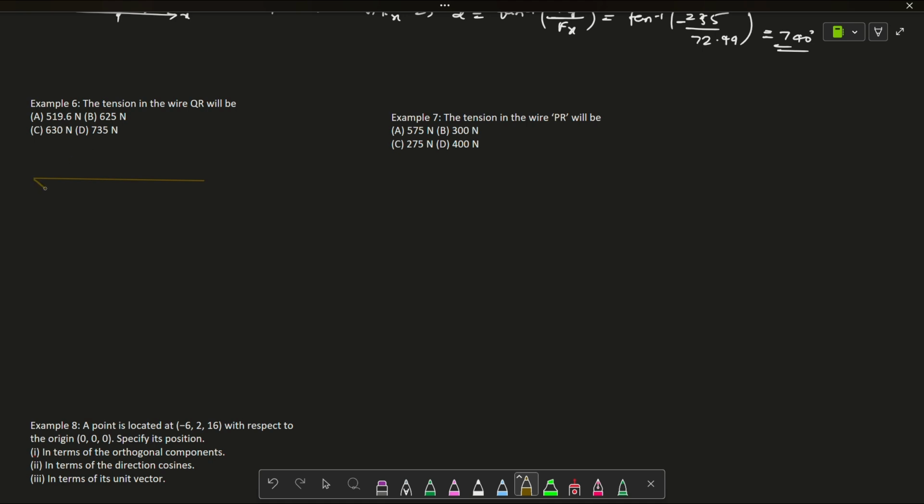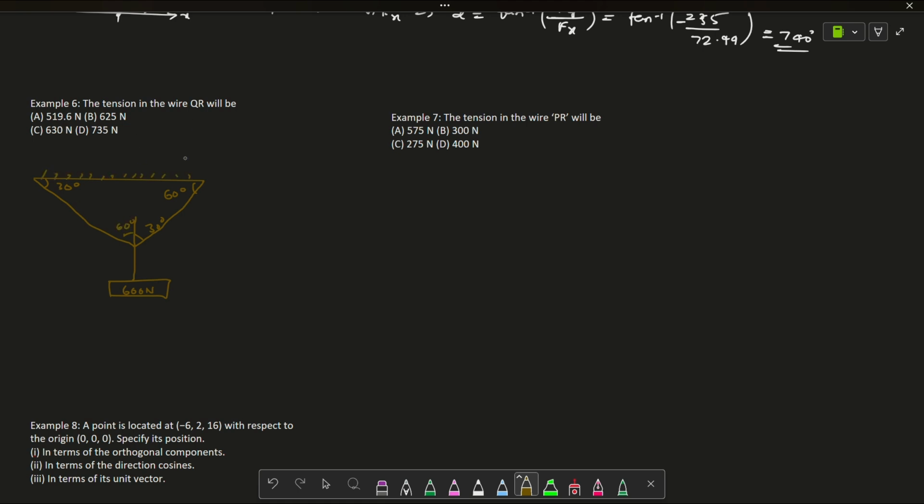A vertical body of 600 Newton is attached. This one makes 30 degrees, this one 60 degrees, and here as well 30 degrees and 60 degrees. These are all given in the question.